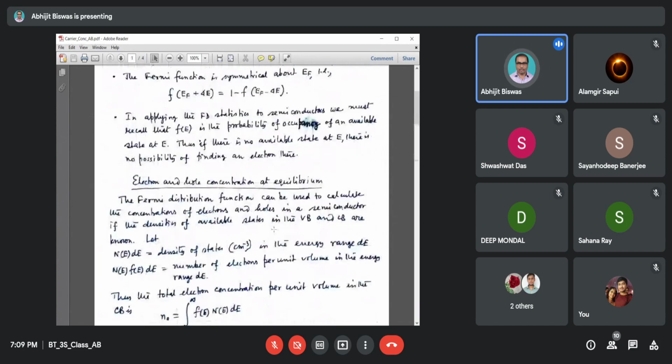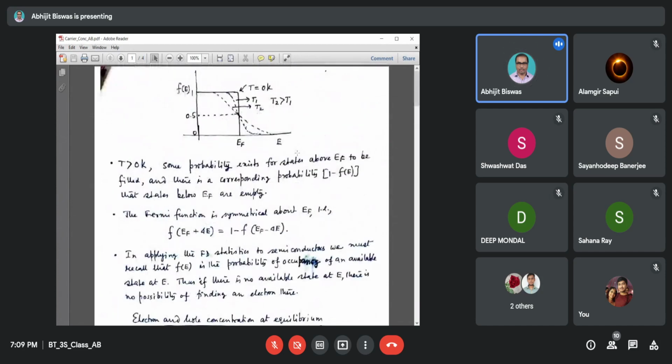variation of Fe like this. Fe is unity when the energy is very small, meaning when we are considering energy values in the vicinity of EC, and Fe decreases rapidly with increasing energy, and ultimately it asymptotically goes to zero.